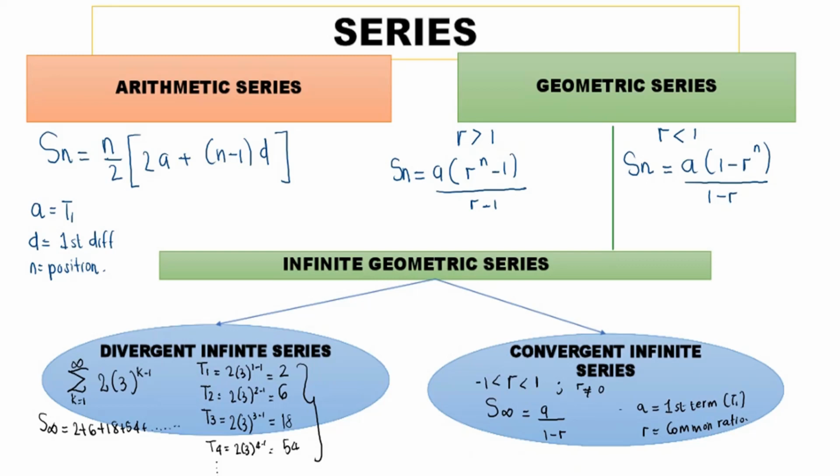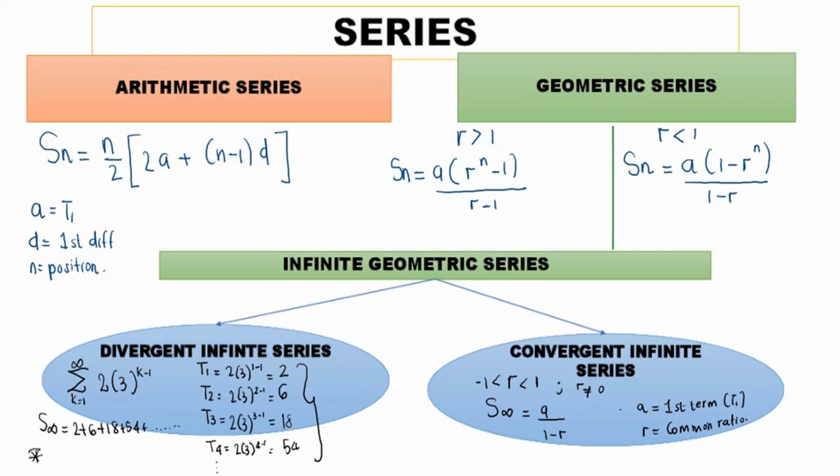So they're not going to get bigger and bigger like what we got when we were working with the divergent infinite geometric series. But in this case, if you sum up these terms, they will start to move closer and closer to a particular value.